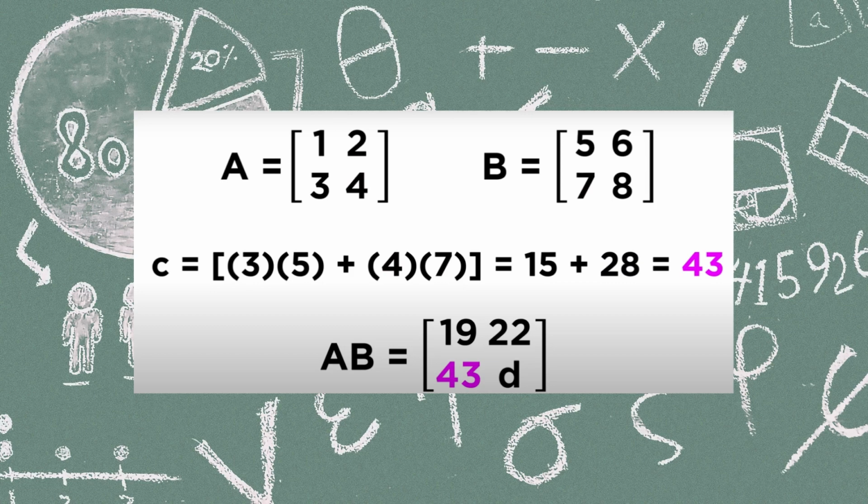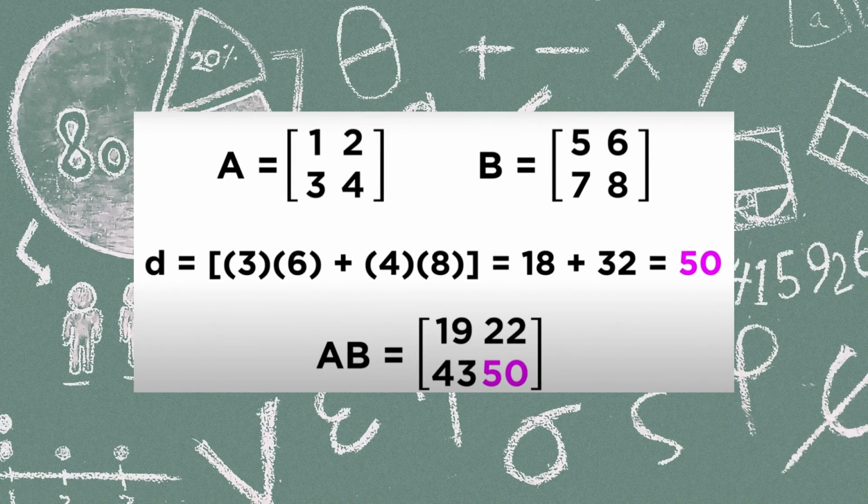So 3 by 5 is 15, 4 by 7 is 28. So 15 plus 28 is 43, so that will go in the first entry of the second row of the product matrix.